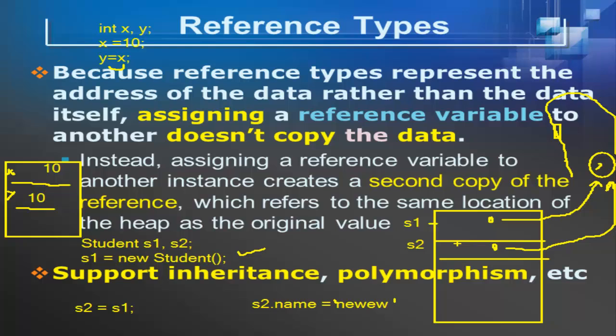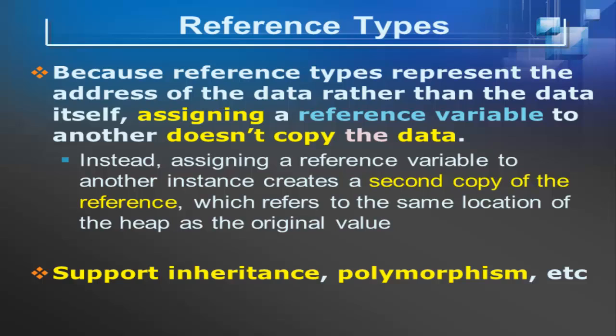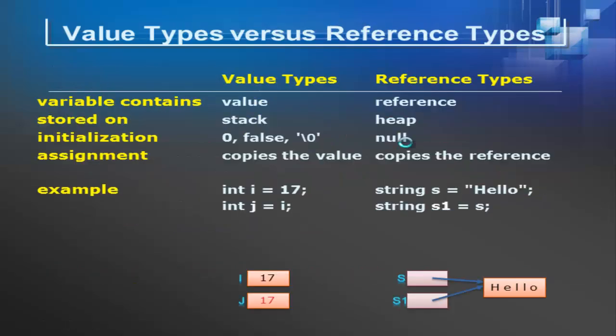If one pointer makes a change, it will be reflected automatically in the other. So that is the problem. They don't copy the data, they just copy the address. The other part is, because you are already familiar, when you have an object, all the things like inheritance, polymorphism, and so on are equally valid here.